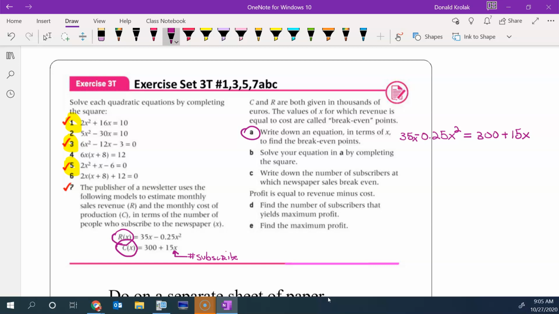Now it says complete this by completing the square. So when you complete the square on this, you're going to be dividing by 0.25. So when we want to get rid of this coefficient, look up here, you have to do this.